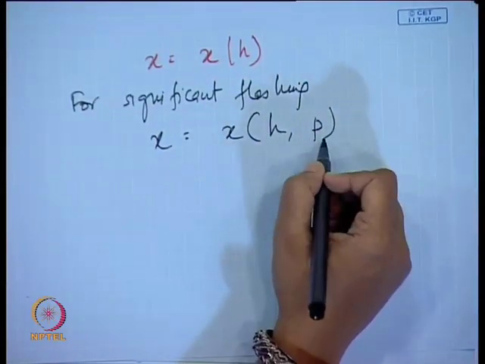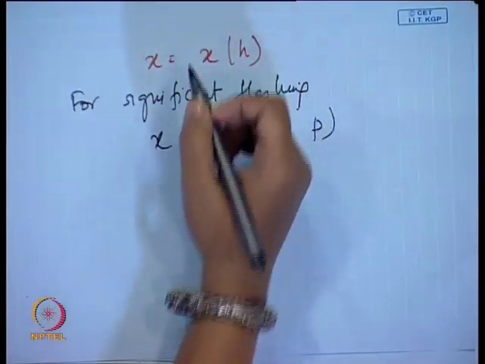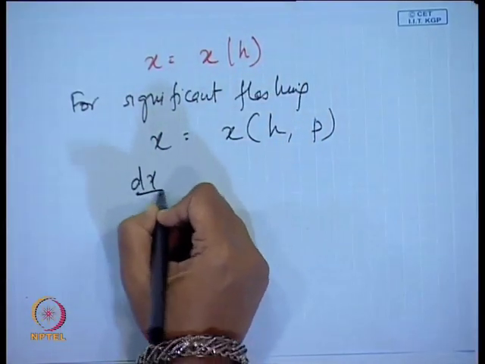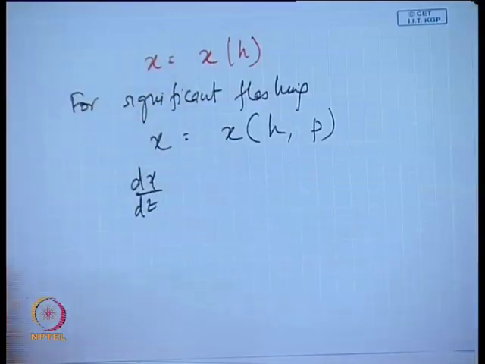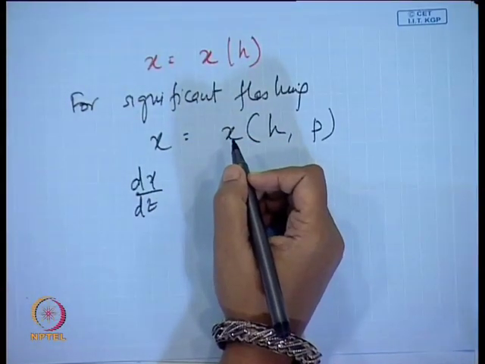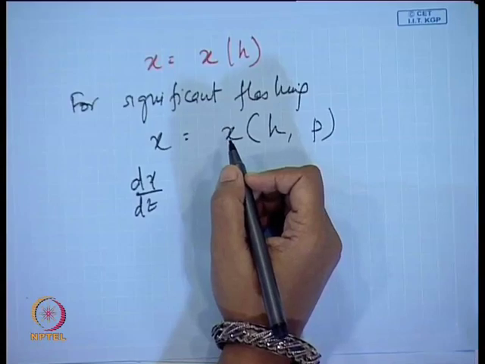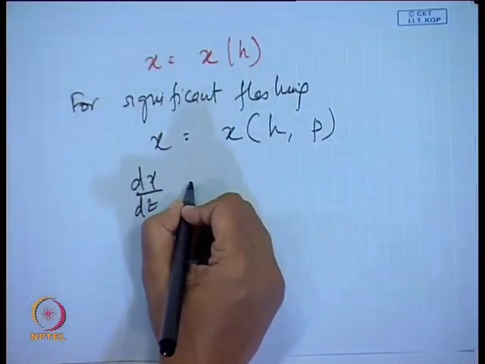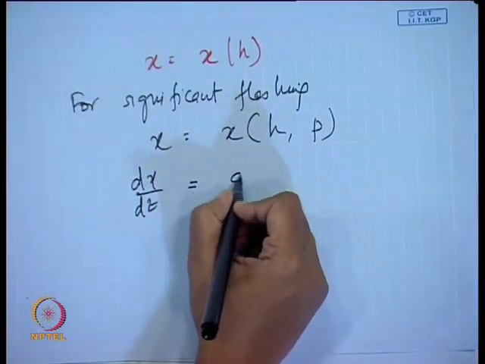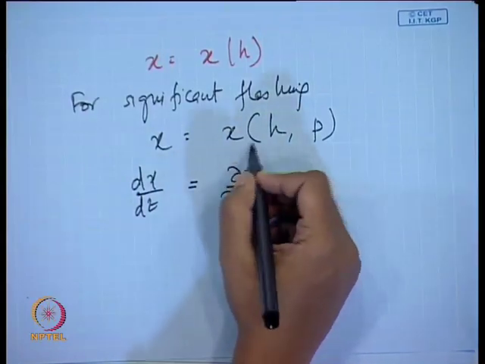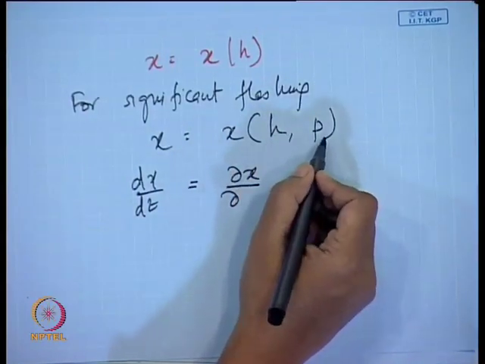So, under that circumstance, your dx/dz cannot be obtained from the enthalpy balance alone. You agree with me? So, dx/dz has to be expressed in terms of h as well as in terms of p.